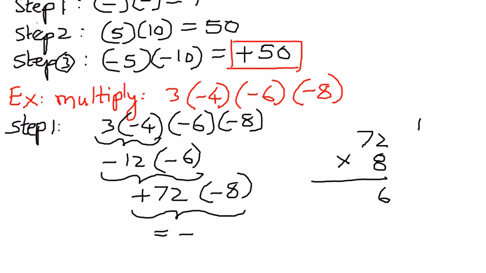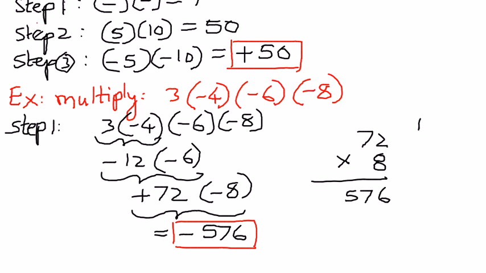We'll carry the 1 and write 6 there. Then 7 times 8 is 56, plus 1 is 57. So negative 576 is the result of multiplying 3 times negative 4 times negative 6 times negative 8.